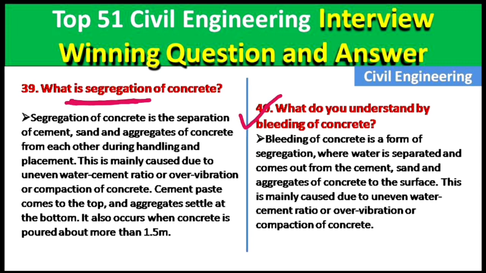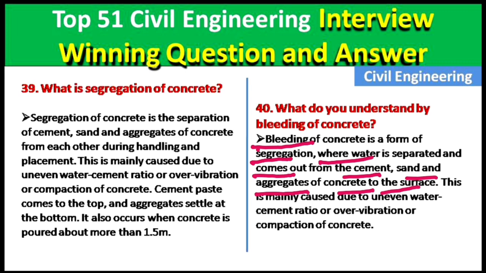Now point number 40 is what do you understand by the bleeding of concrete. Bleeding of concrete is a form of segregation where water separates and comes out from the cement, sand and aggregate of the concrete to the surface. It is mainly caused by an uneven water cement ratio and over vibration or compaction. So both are caused by the same reason.